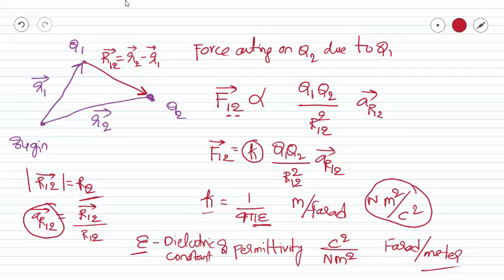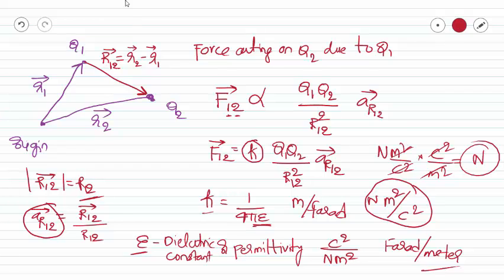So Newton meter square per Coulomb square for k, multiplied by Q1 Q2, which has units of Coulomb square, and R12 square has units of meter square. So meter square cancels, Coulomb square cancels, and finally we get newtons. So the units of k is either Newton meter square per Coulomb square or meter per farad.